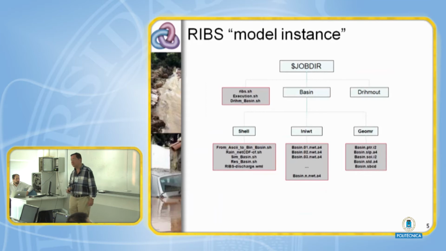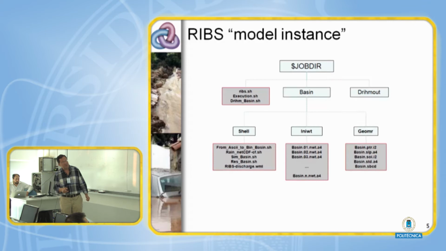Okay, so what we do is build what we call a RIPS model instance. The model instance is just a version of the RIPS model that is going to be executed for a given basin and for a given episode, for a given event. This is just a replication of the data files that we have as input to our RIPS model, but the episode, the event data, will be provided by the P-bridge.